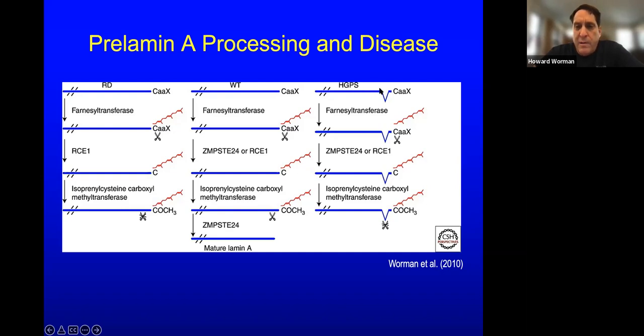In progeria, you get a deletion of the ZMPSTE24 site, so you get retention of this farnesylated, carboxymethylated Prelamin A variant called progerin. And in restrictive dermopathy or in mandibuloacral dysplasia, you have total loss of function of ZMPSTE24 and you retain unprocessed Prelamin A, or you have partial loss of function and you have some unprocessed Prelamin A and some Lamin A.